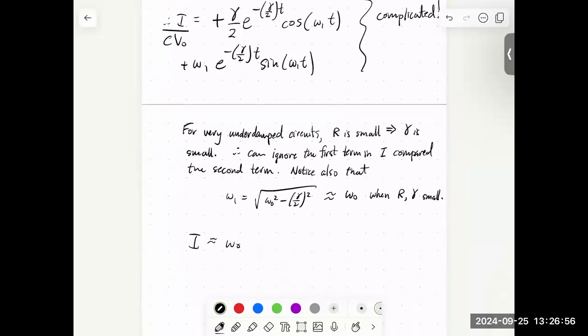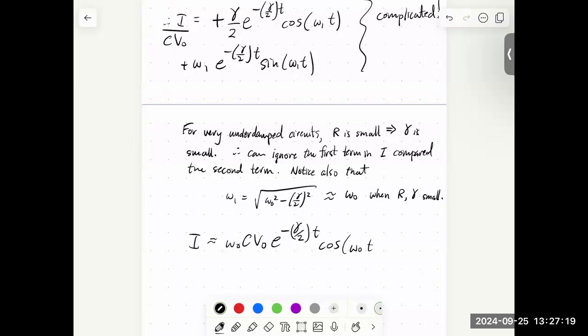So let's put that constant back in. I'm going to have omega 1, which is approximately omega 0. And then we're going to multiply by CV naught. And then we have our exponential. And then we have our cosine.